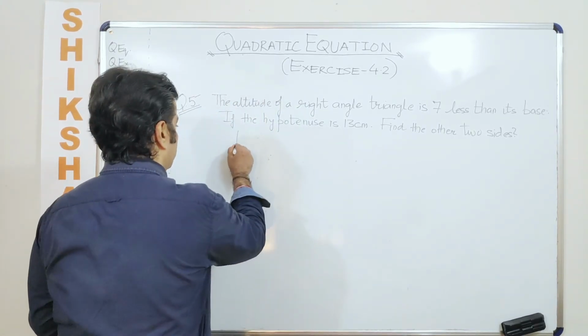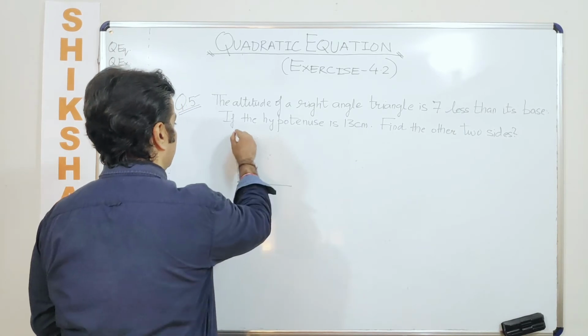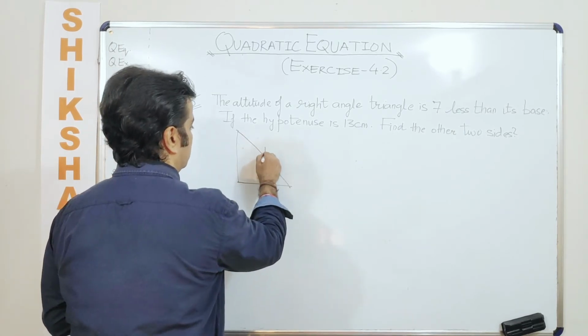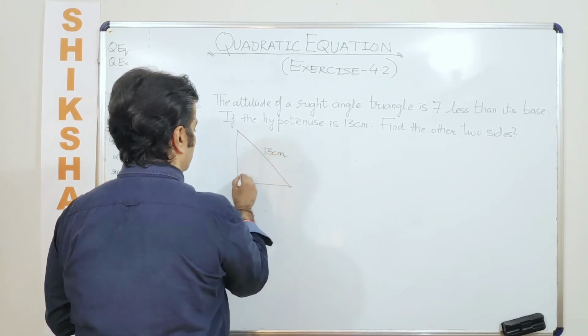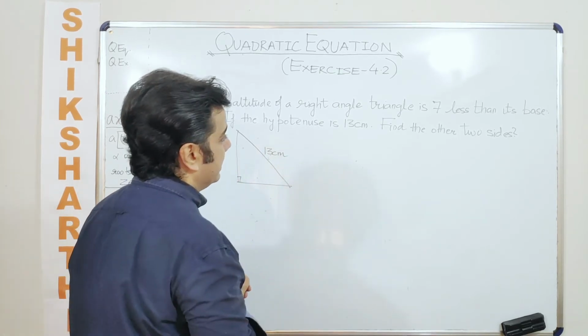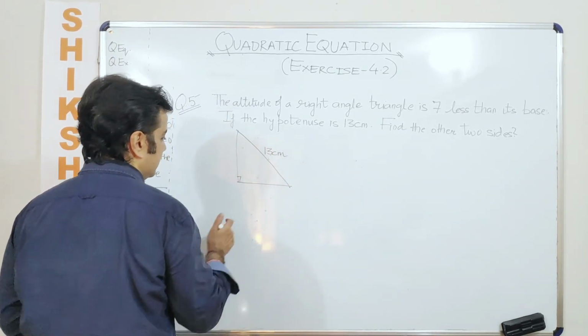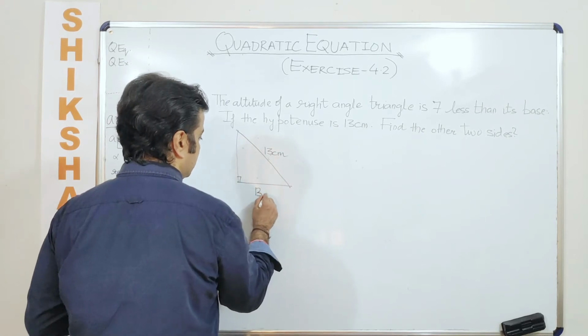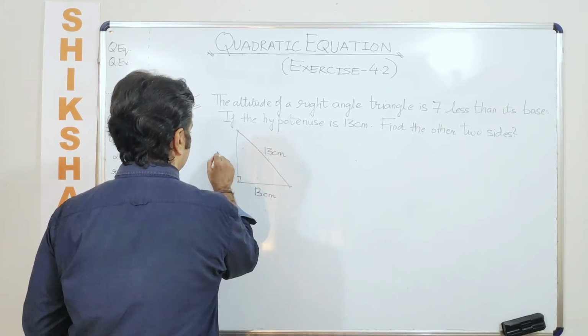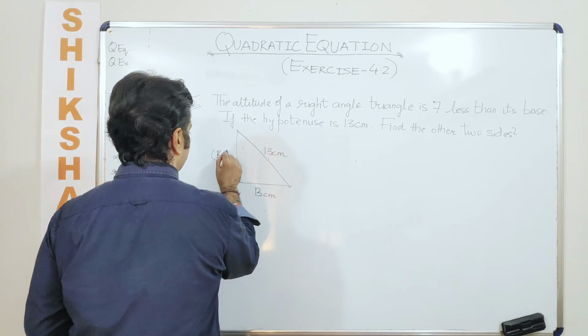Okay, so let's draw the diagram here. The diagram says the hypotenuse is how much? 13 centimeter. And the altitude of a right angle triangle is 7 less than its base. So had the base been b centimeters, in that case the altitude becomes b minus 7 centimeters.